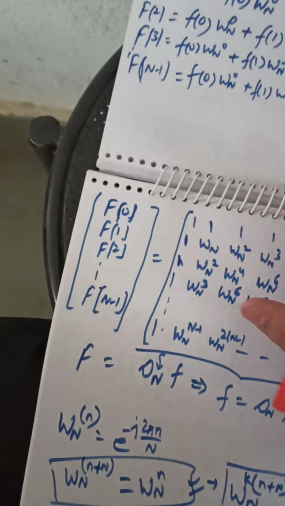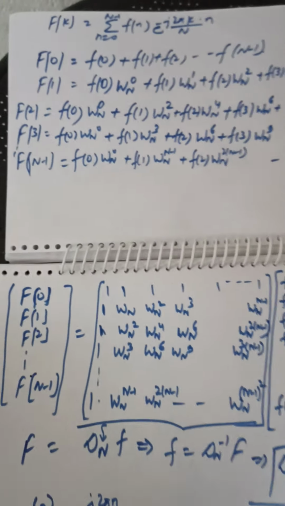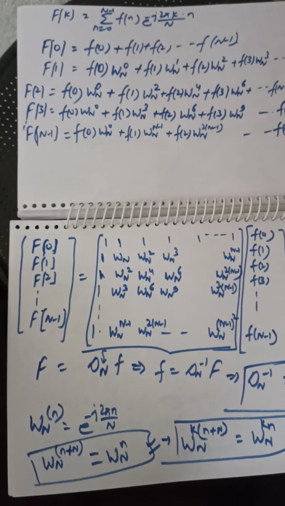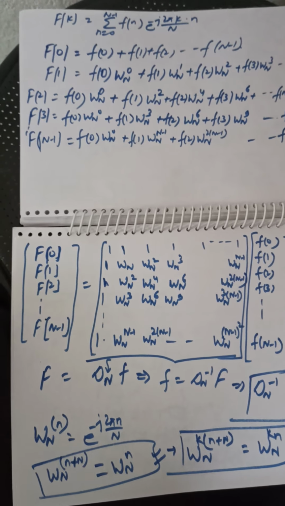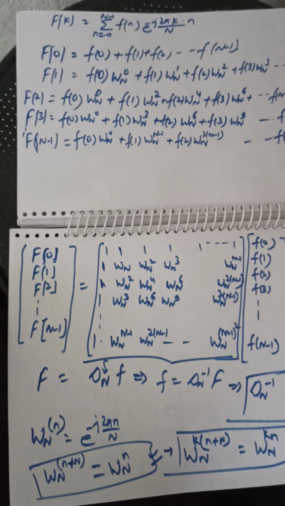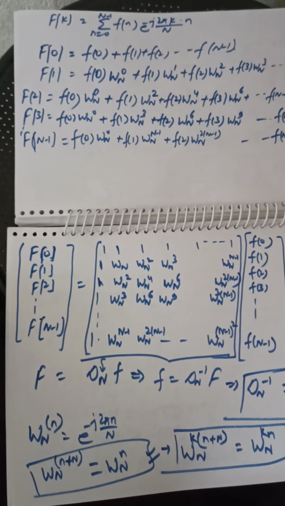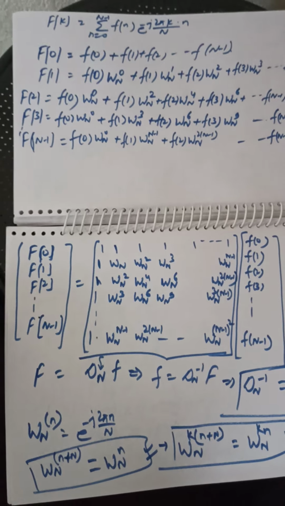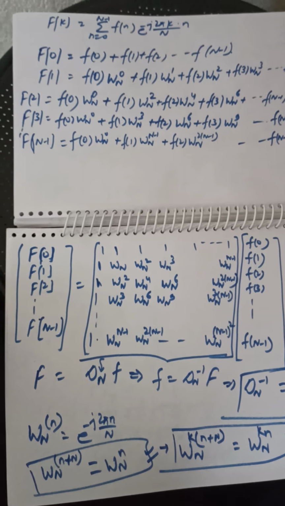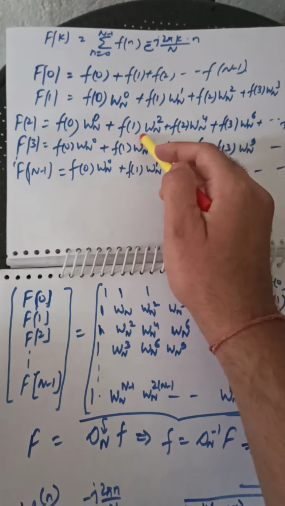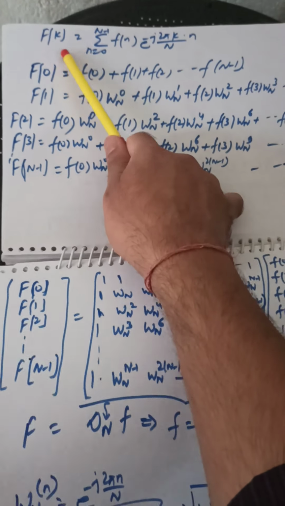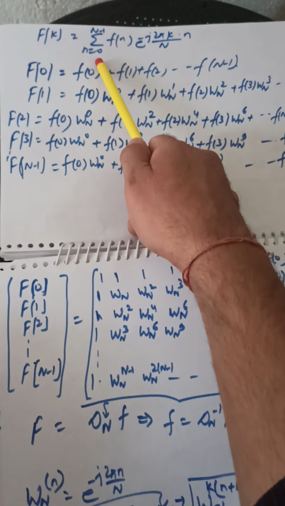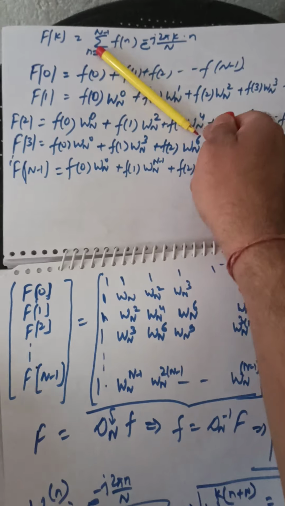Next, the representation of the DFT is now being presented here in terms of the Twiddle factor. Have a look at the first expression. This is F of k, F of k equals summation n going from 0 to N minus 1.